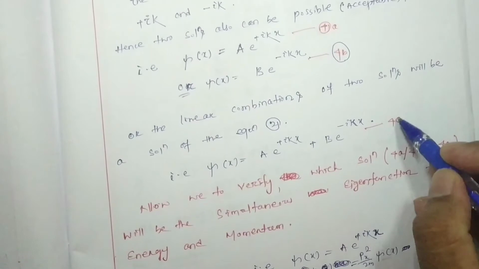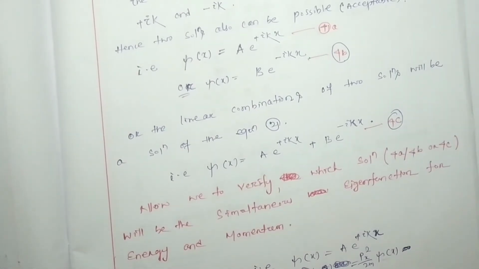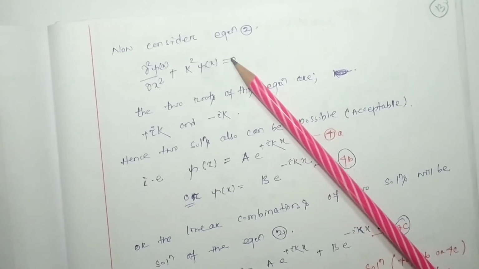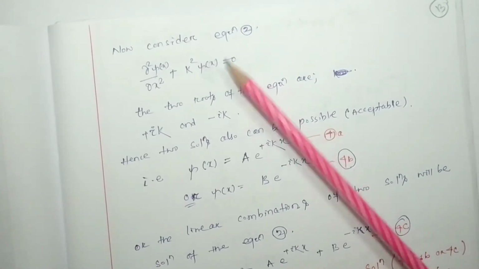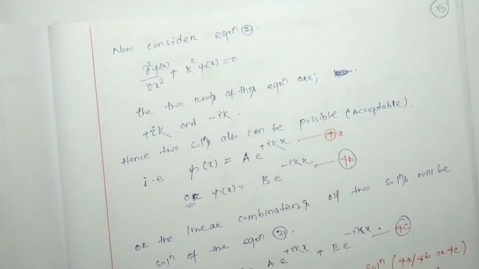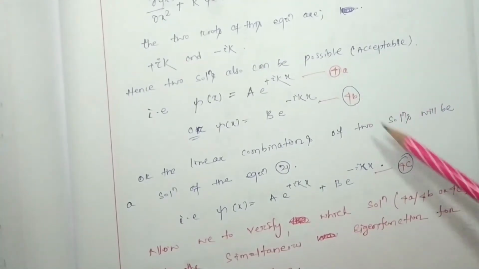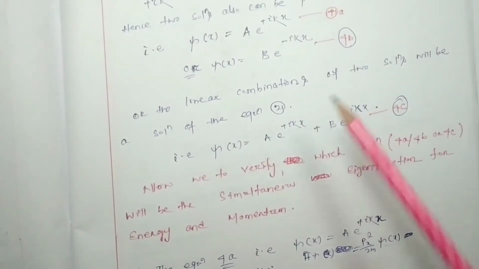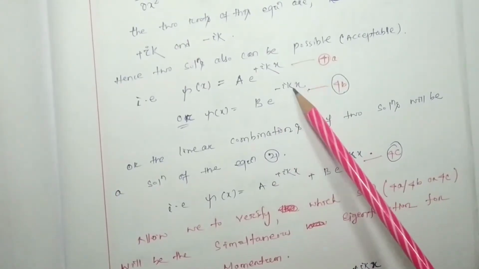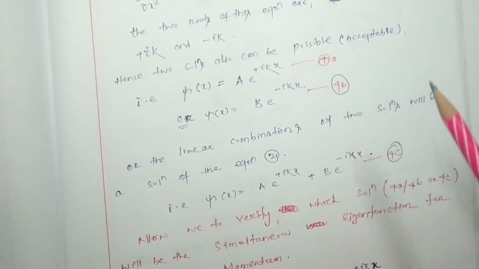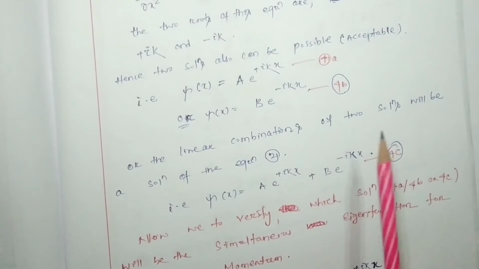So from the differential equation number 2, we found three different possible solutions, this one, this one and this one. Okay, so which solution do we have to choose, which will be the eigenfunction of the energy and eigenfunction of the momentum?